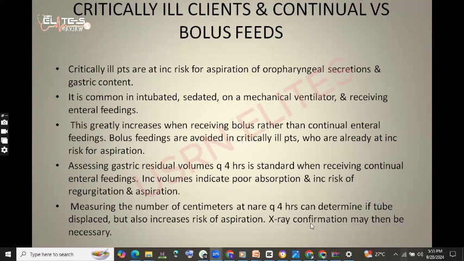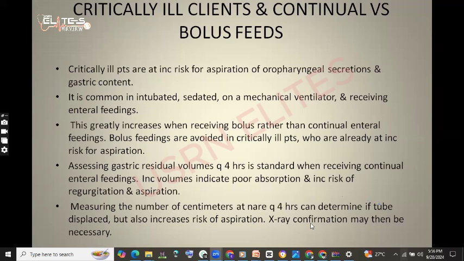And in case it has displaced and you've readjusted it, you also have to make sure that it is in. How do you confirm without doubt? It is only when the X-ray shows the tip in your stomach that you have a justification.